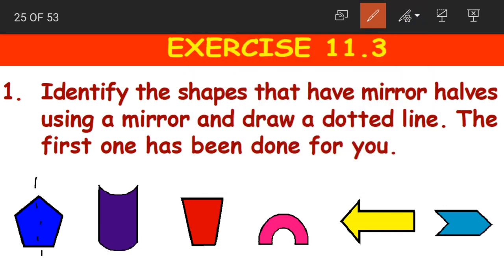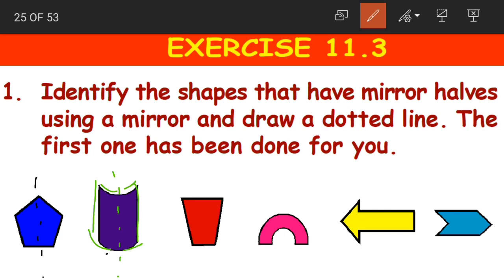This line passing in the middle will be our line of symmetry. Now again coming to object 2, even for object 2, the line in the middle will be the line of symmetry, children. See, both the halves are equally identical. So that becomes our line of symmetry, and these are our mirror halves.